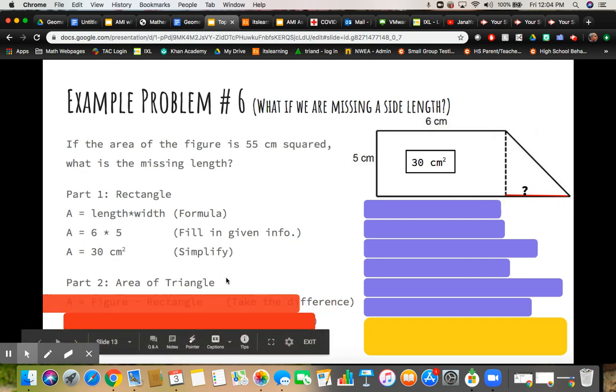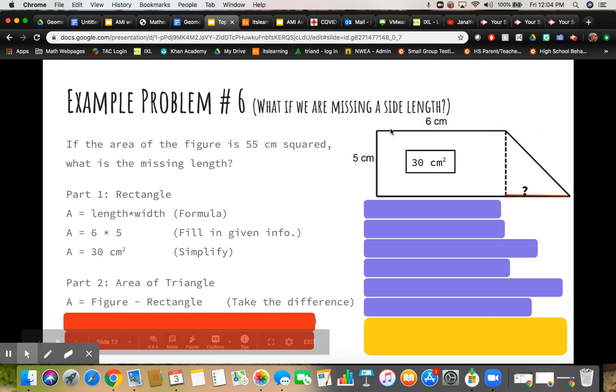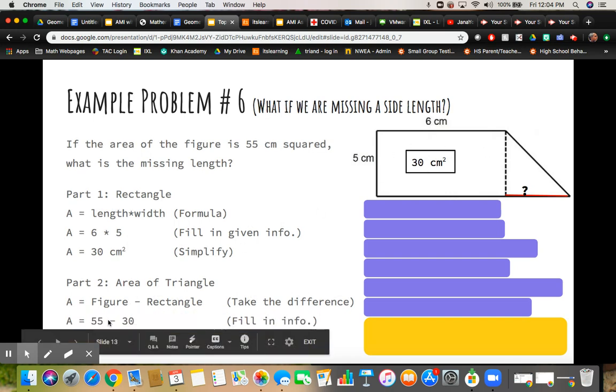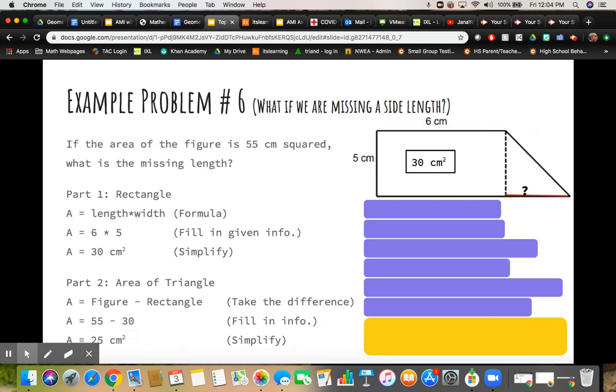I can do that by taking the area equal to the entire figure minus the rectangle's area. So that would be 55 minus 30, and we're left with 25 centimeters squared. So my triangle's area is 25 centimeters squared.